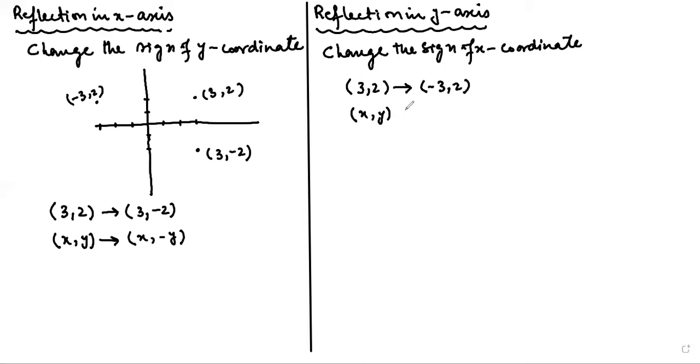And if the point is x, y, the image is minus x and y after reflection in y-axis. Now there was another reflection in the line y is equal to x.